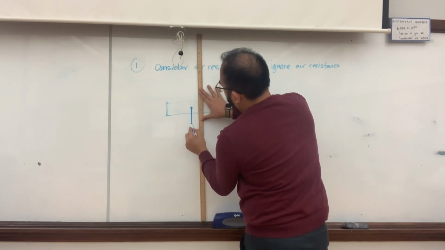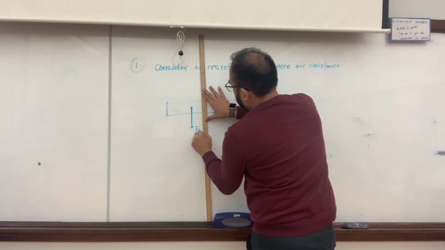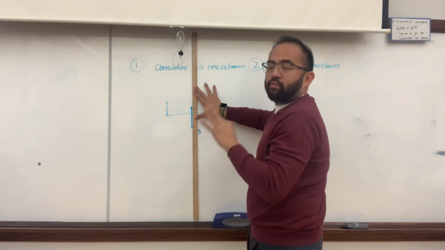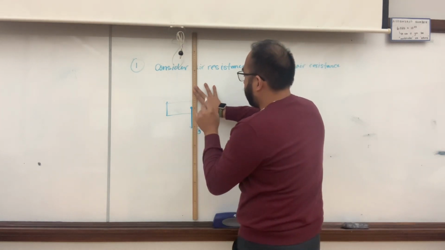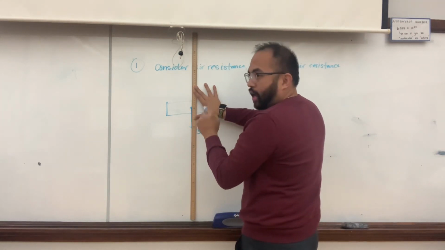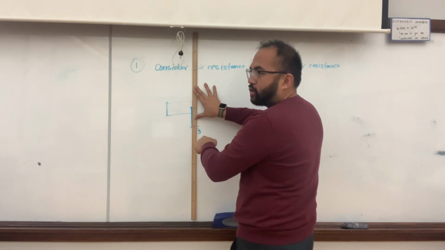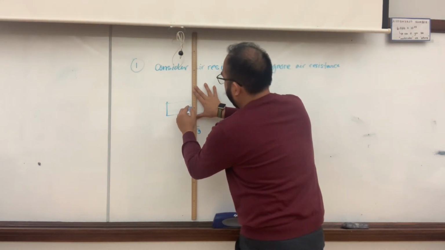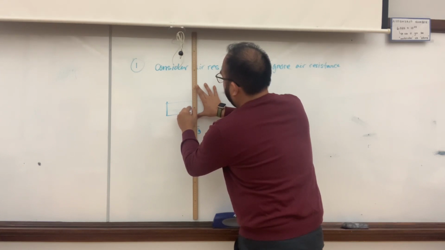Let's say that's my force of gravity. Let's say that it's moving, both of these will be moving at a constant velocity. So that means that my air resistance needs to be the same length. So the vector for air resistance needs to be the same length as the vector of the force of gravity if it is moving at a constant velocity.